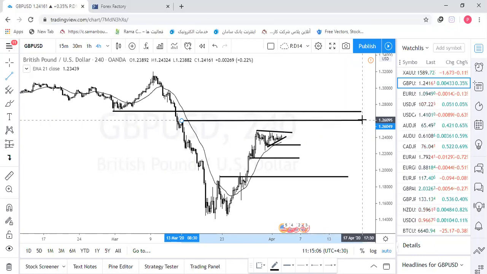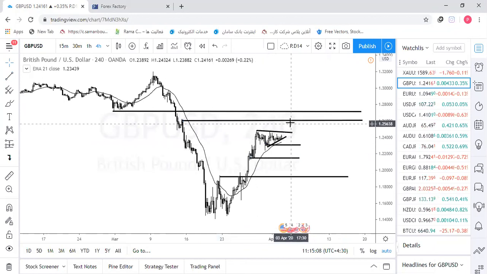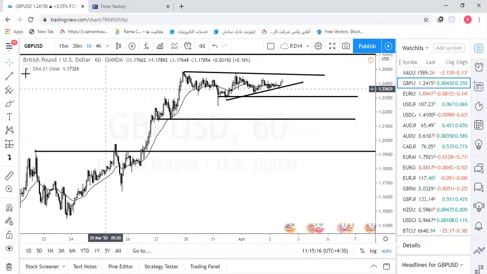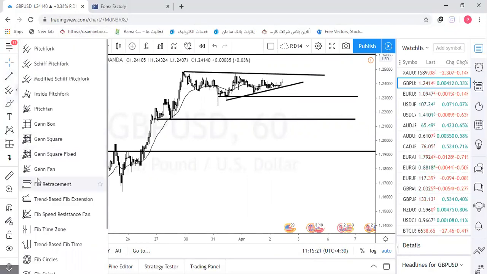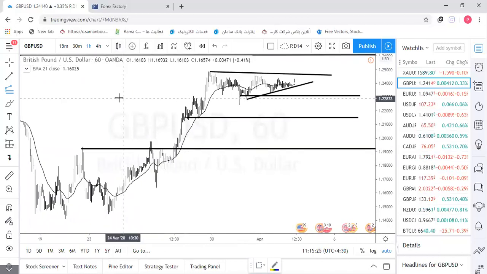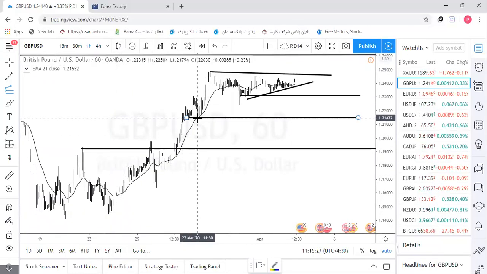If we are going to know which one of these two areas are more important, we can use a trend-based Fibonacci like this. So this is the last movement, right?